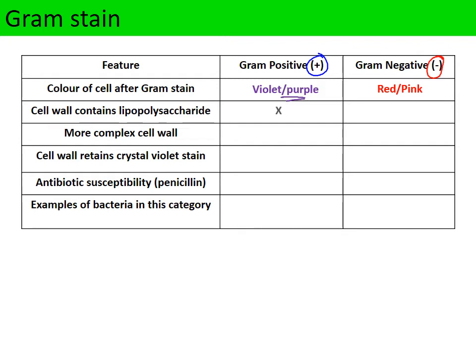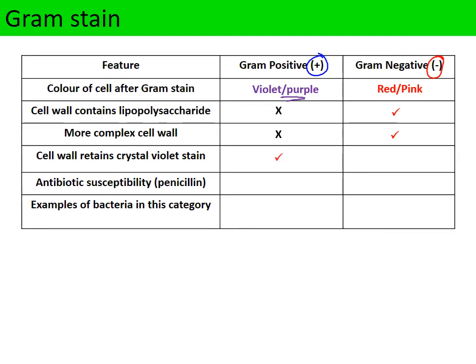So gram-positive bacteria do not have a lipopolysaccharide rich membrane on the outside. They just have a very simple, thick peptidoglycan cell wall. And we know obviously gram-negative bacteria do possess the lipopolysaccharide rich membrane. So we can actually really think of the gram-negative bacteria as having a slightly more complex cell wall structure.